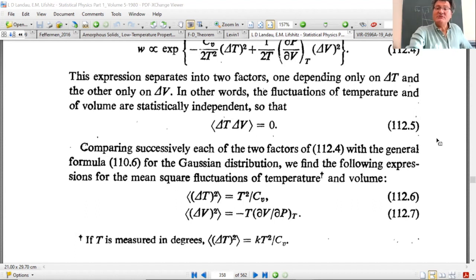And the first equation, 112.5, tells us that the average of the product of these two fluctuations is zero. So it means that the fluctuations of temperature and volume are completely uncorrelated. They are independent fluctuations of these two quantities. And so, for example, what is changing in the volume?